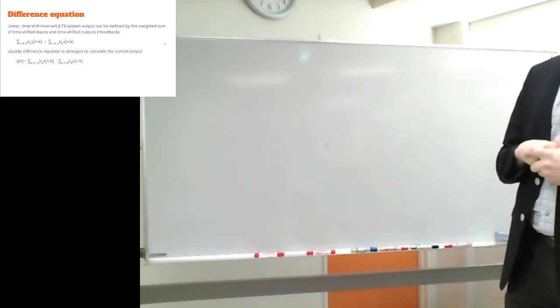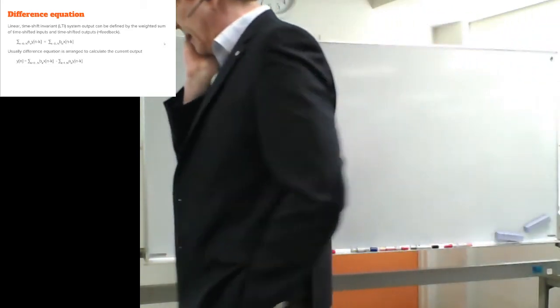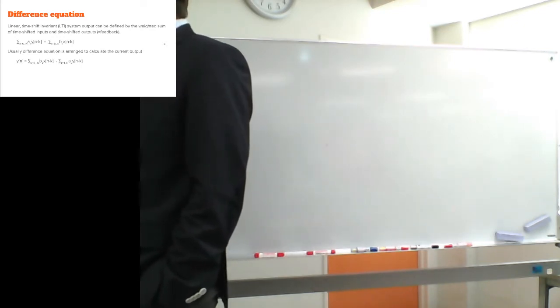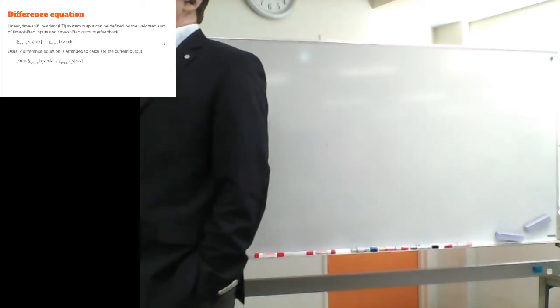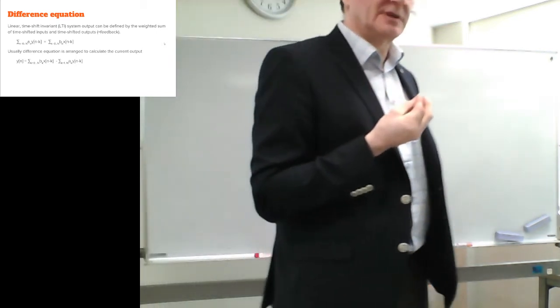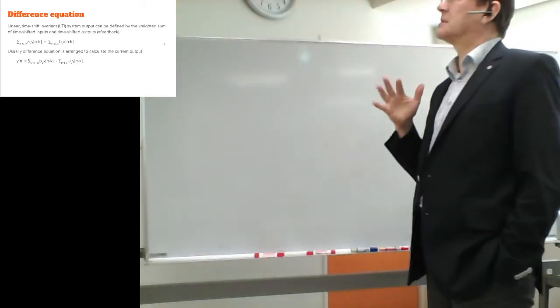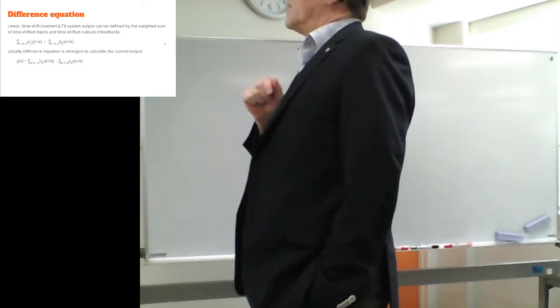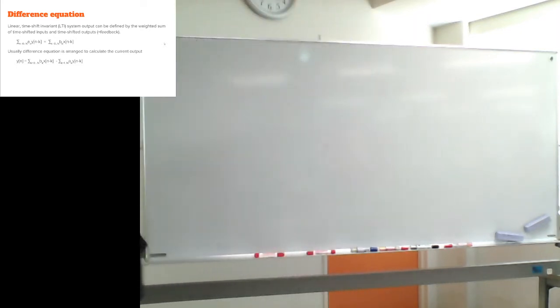Okay. In most of the cases, at least in the case of linear filters, most common filters, when you're interested in filtering in the spectral space, basically we have the difference equation which describes the whole system.